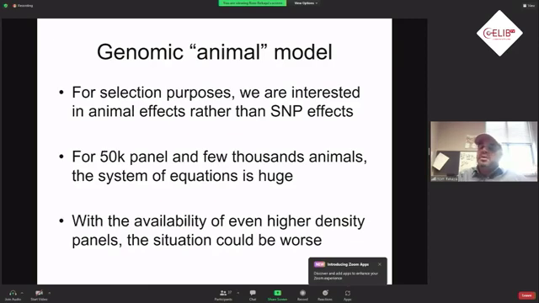Contrarily, when you use the SNP model, the dimensionality or the parameter space of the model is the number of SNPs, which is when you have millions of SNPs, then you start running into trouble because the number of unknowns in the model is a function of the number of SNPs. When you use this genomic animal model, the dimensionality of the problem is equal to the number of animals you have, and sometimes that number is much smaller than the number of available SNPs and variants.